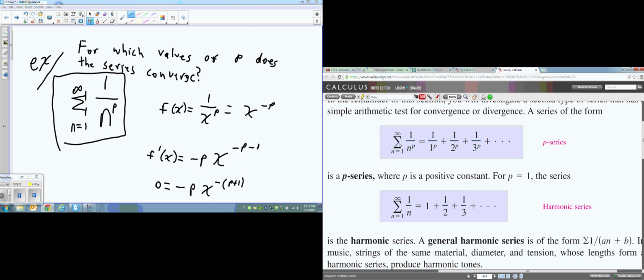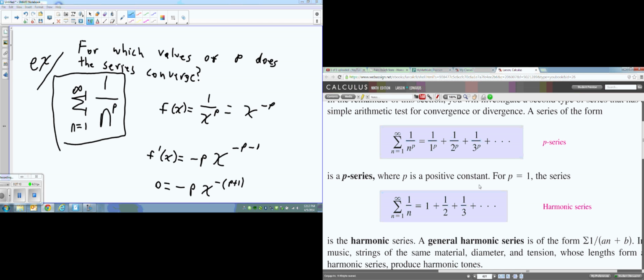The sum from n equals 1 to infinity of 1 over n to the p power, which is what we have on the left side here. And it looks like that. It's called a p series. Now, if a p series has the value p equal 1, it's called a harmonic series.